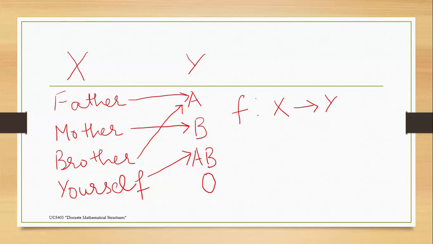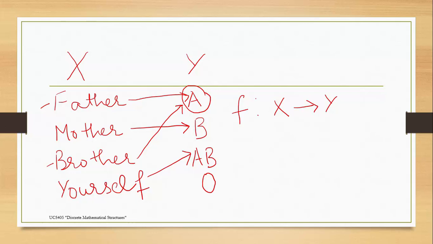Now the important point in this assignment is that your father and your brother can have the same blood group, that is A, but you cannot have two blood groups, AB as well as blood group O. You will have only one blood group.